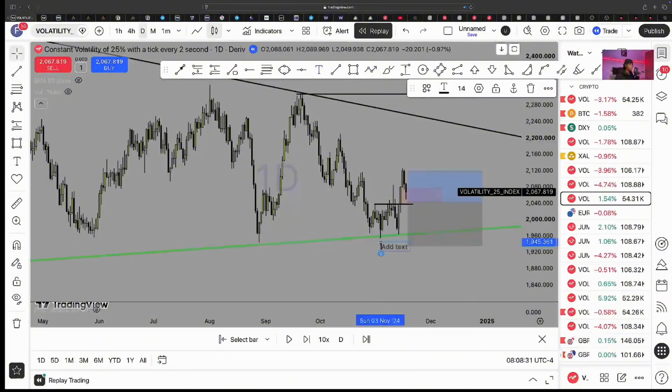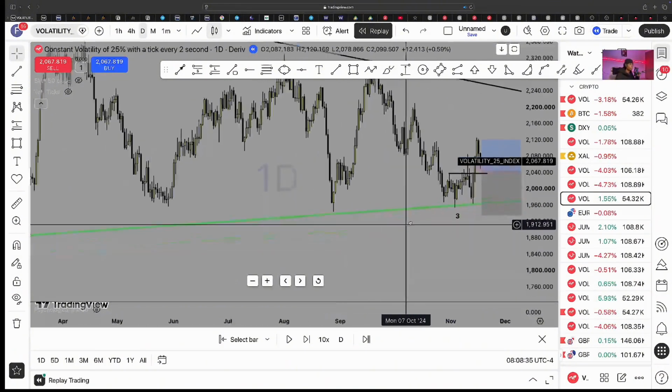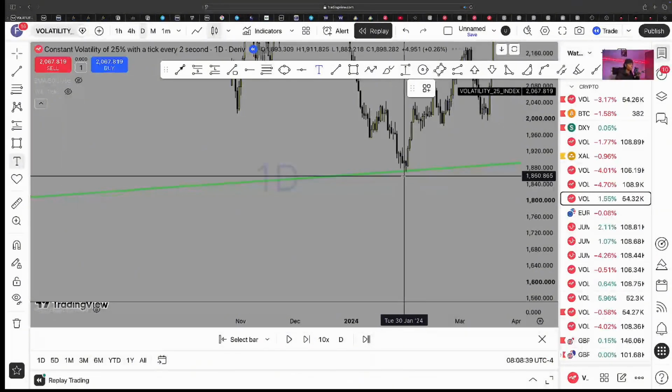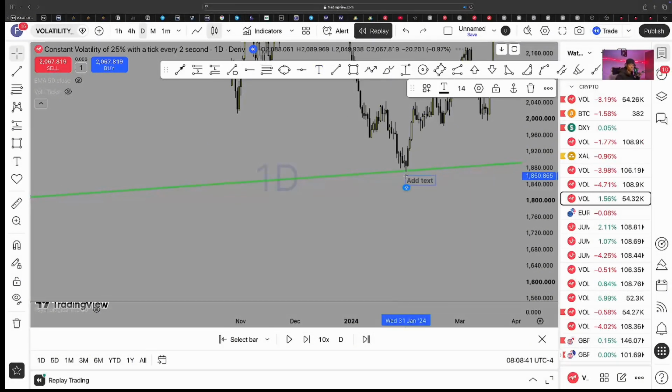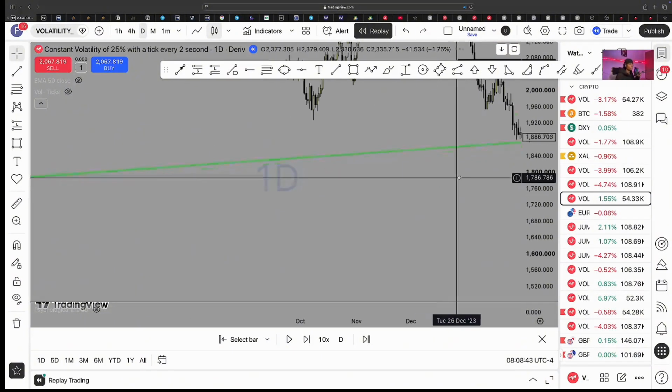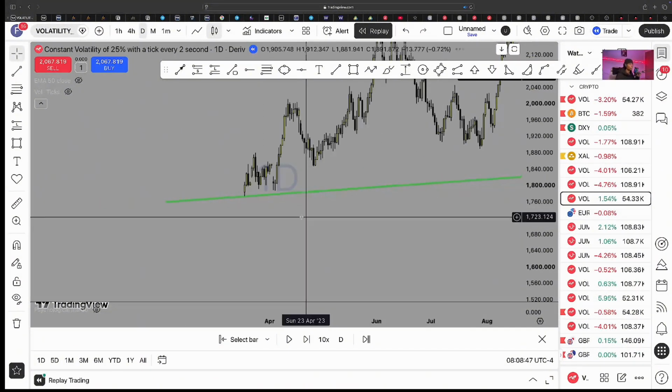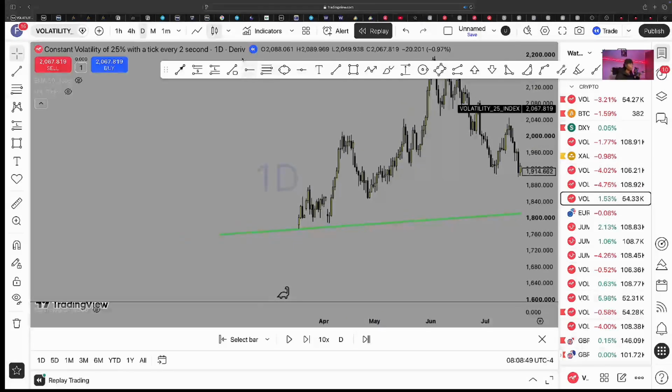Remember, this is the third touch. That's the third touch. This is the second touch. That's the second touch. Yep. This is the first touch.